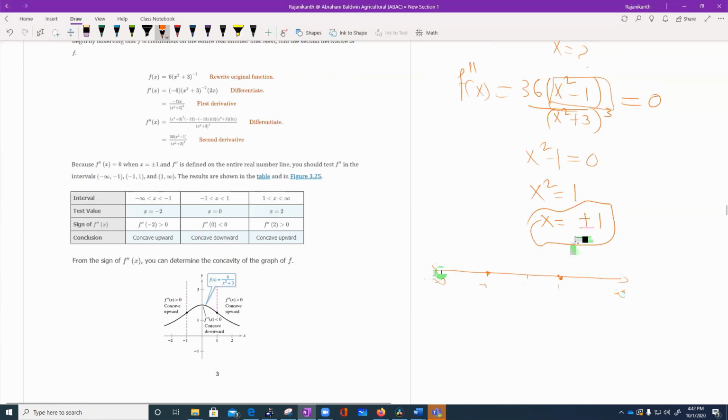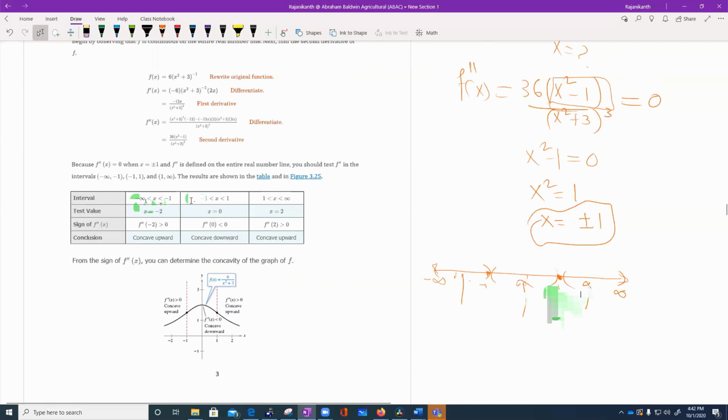Now split the entire interval into subintervals using these two points. Therefore, this is one of those intervals, this is another interval, and this is the third interval. So the entire real line is now split into three subintervals. So again, take a test value for each interval.